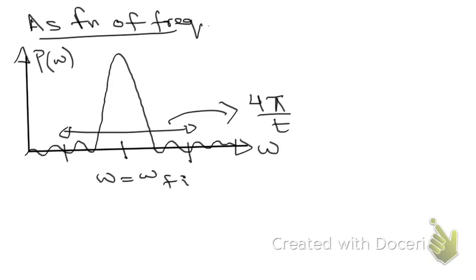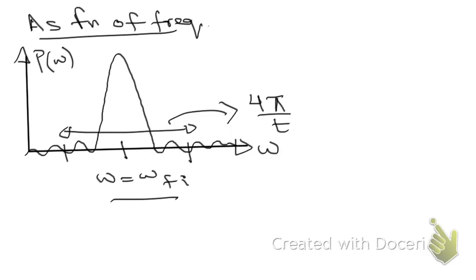What that implies is that my resonance condition, that is omega equals omega_fi, is not an exact requirement. Rather, it is a spread of frequencies, my delta omega, that causes this appreciable transition probability.